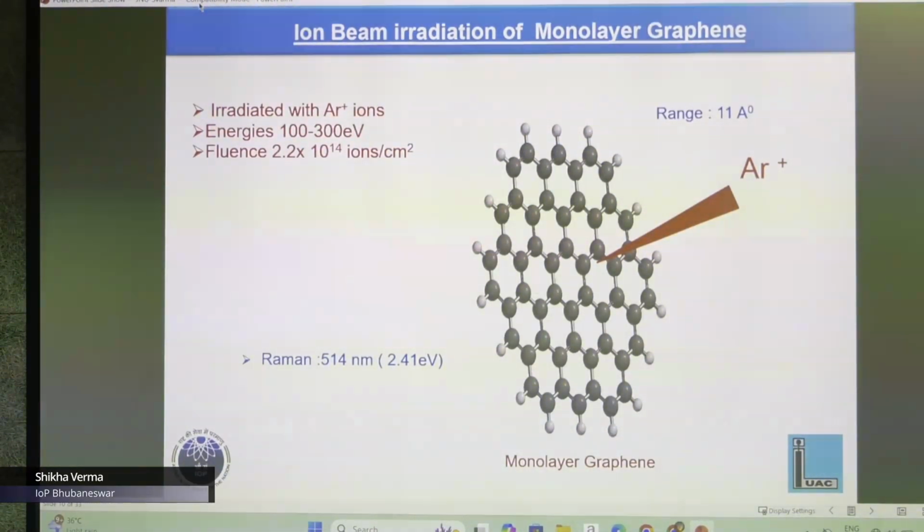So the way the GQDs are made, you start with single layer, monolayer graphene, and you bombard it with argon ions. Energies of the ions that have been used are somewhere between 100 and 300 eV, and the fluence has been kept the same, 2.2 × 10^14, and then Raman, AFM and so on have been done.